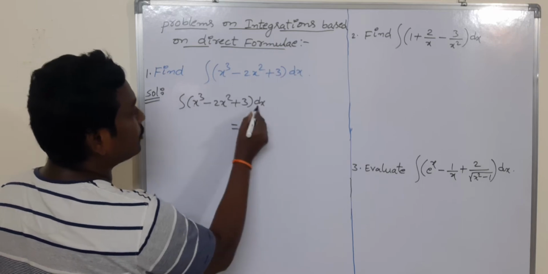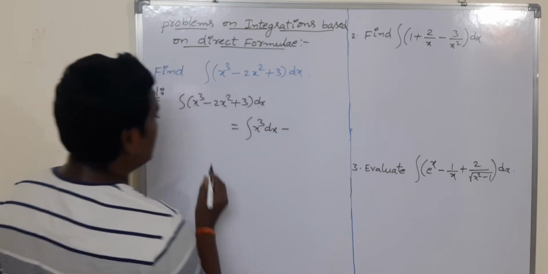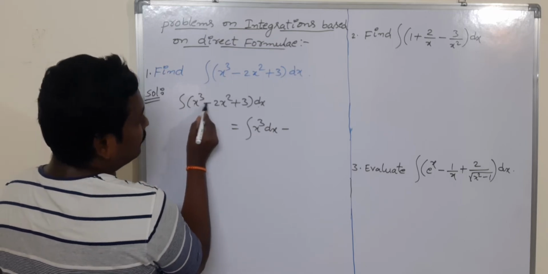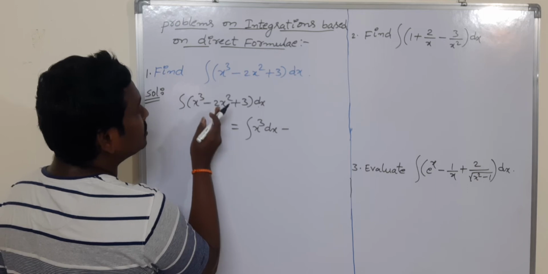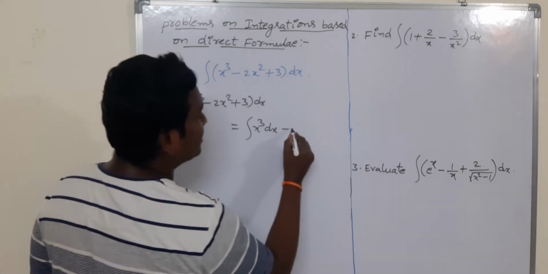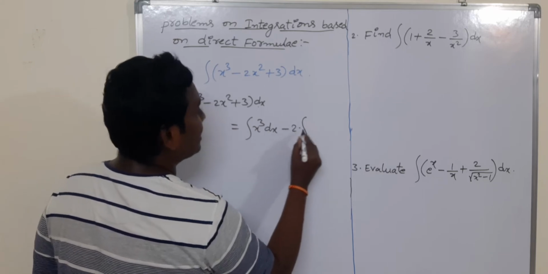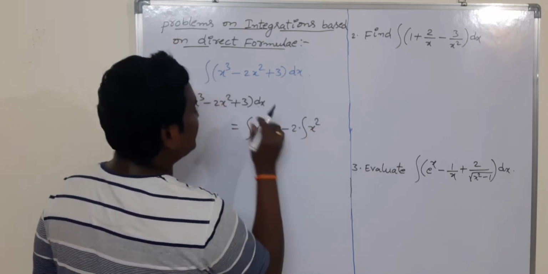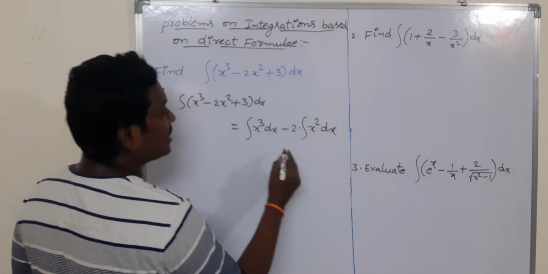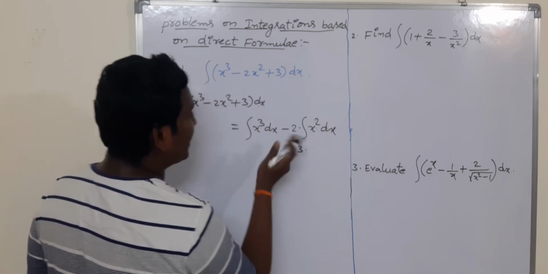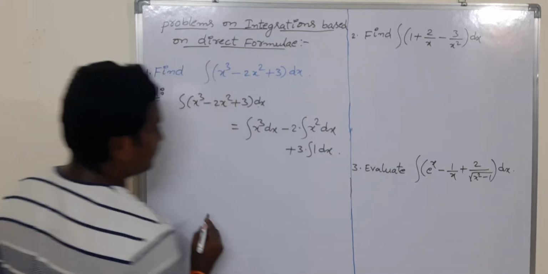Integral x cube dx, this is the first term, minus, because in the next term we have a negative sign. 2 is the constant term, so take it outside from the integral directly. 2 integral x square dx plus, again 3 is the constant term, so take it outside from the integral. So you will get integral 1 dx.